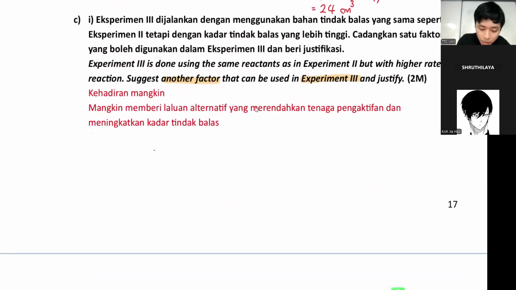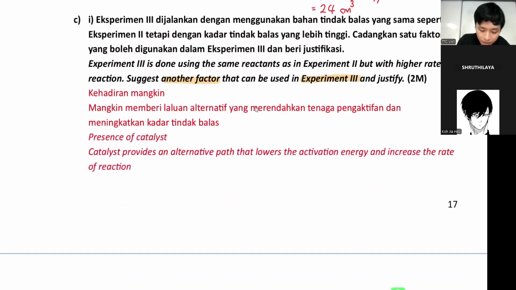So the other one should be adding catalyst, presence of catalyst. Why is it? You have to explain what is the function of catalyst. What does catalyst do? Yes, you can say add copper sulfate as catalyst. Nothing wrong.